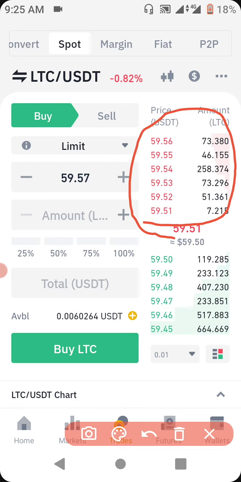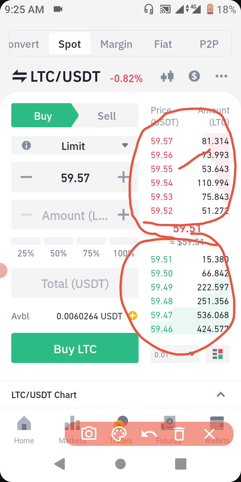So you buy from these people over here. Then when you want to sell, these are the ones buying, and you sell to them. So you can see the price difference.